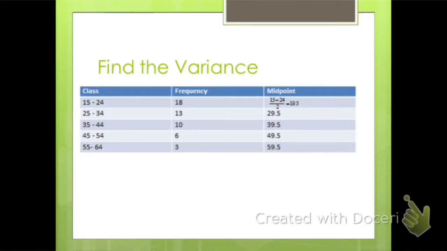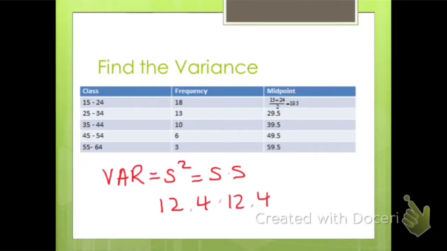The calculator will not give us the variance, but the variance is the standard deviation squared, so s times s. You use the value of the standard deviation, 12.4, multiply it by 12.4, and round it: 153.8. That's the variance. So now we have learned how to calculate the mean, standard deviation, and variance of a frequency table using the calculator.